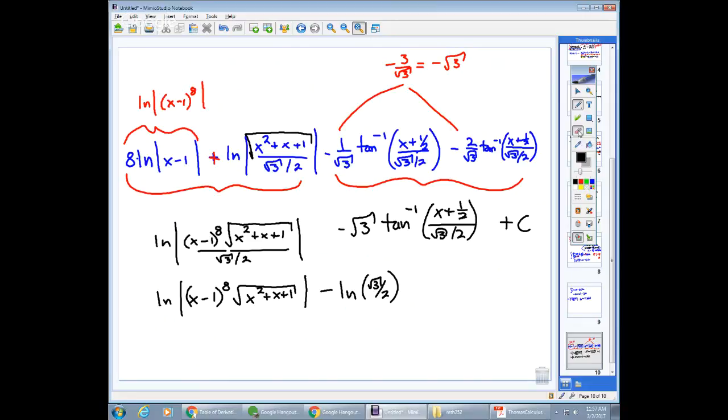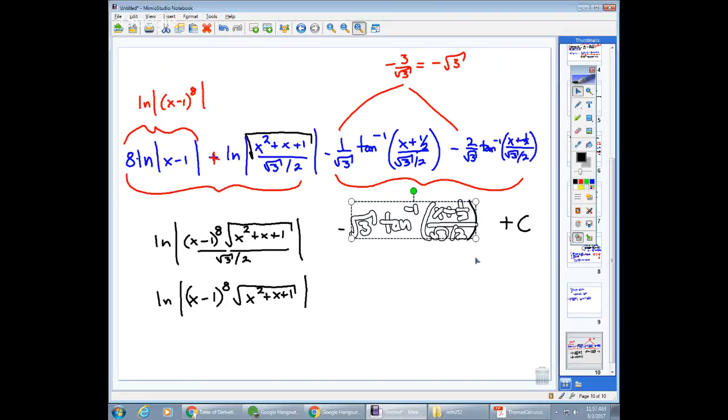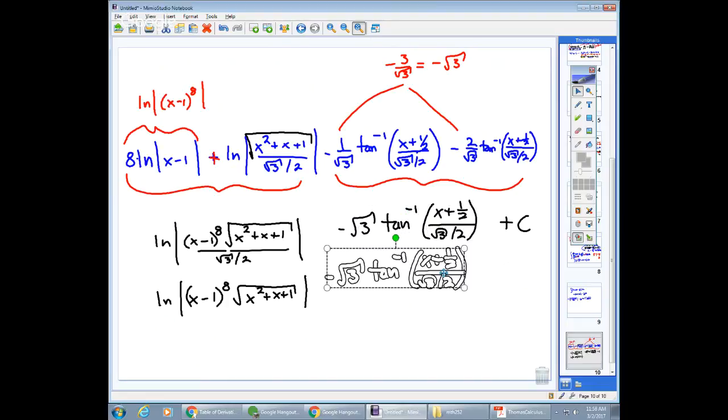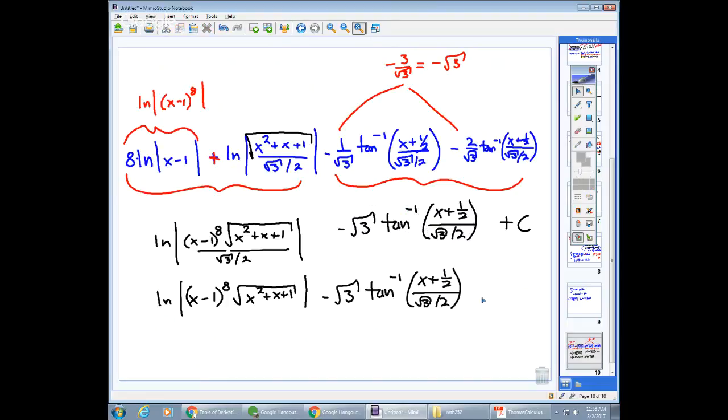That could just be absorbed into the constant. In which case we could represent the antiderivative as this here combined with the rest. I don't see a way to clean up the arctangent there. So I think that's about as simple as we can get it.